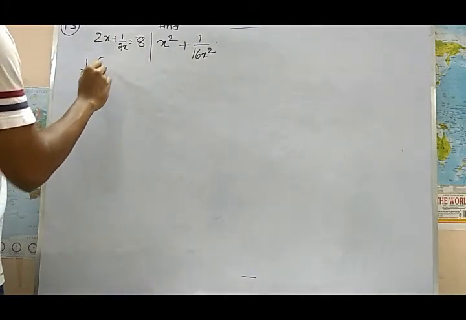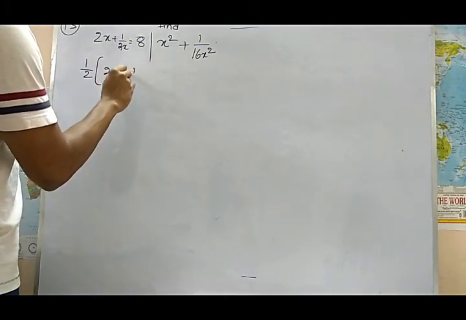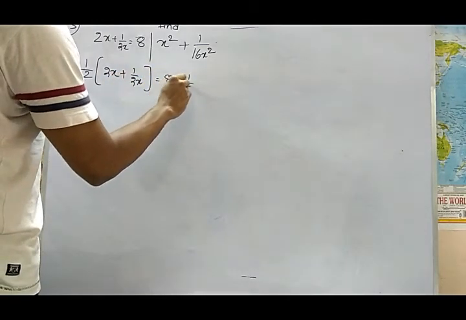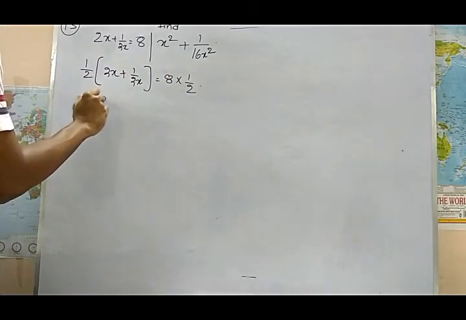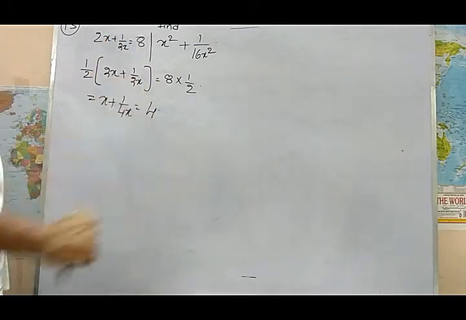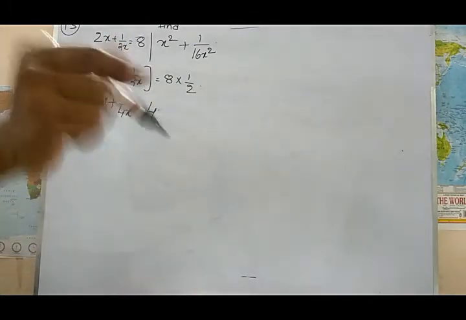So multiply it with 1 by 2 on both sides. 1 by 2 of 2x plus 1 by 2x equal to 8 into 1 by 2. So what we are left with? x plus 1 by 4x equal to 4. So we got the form we require.